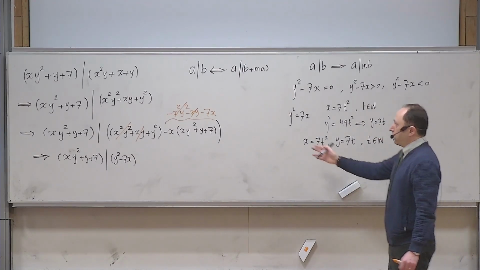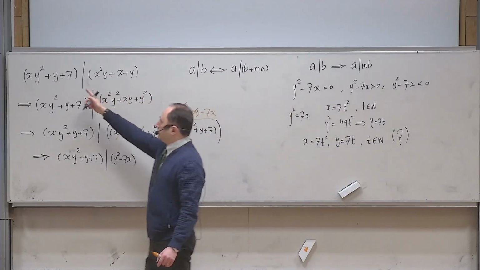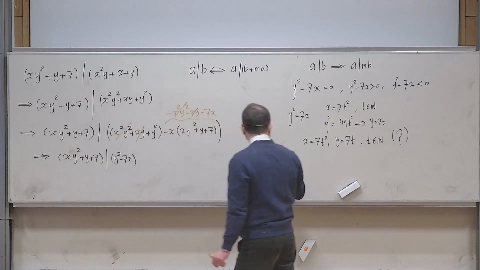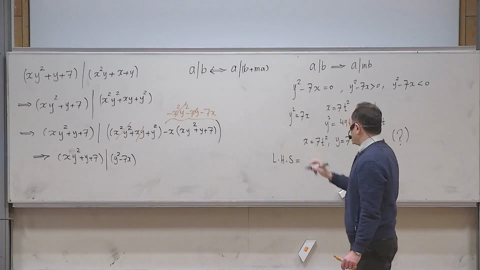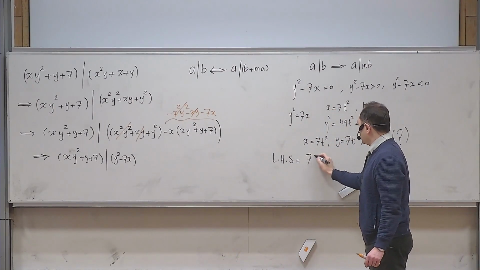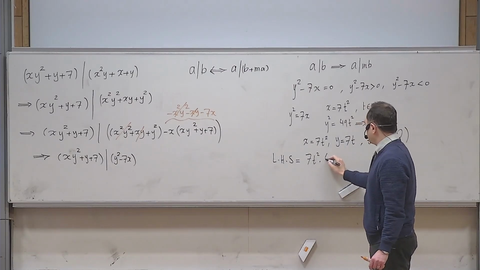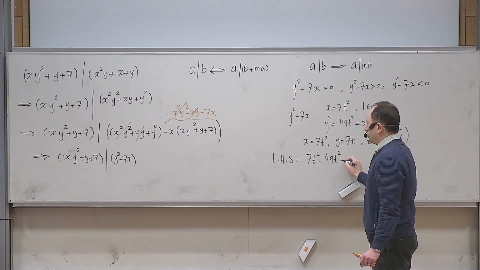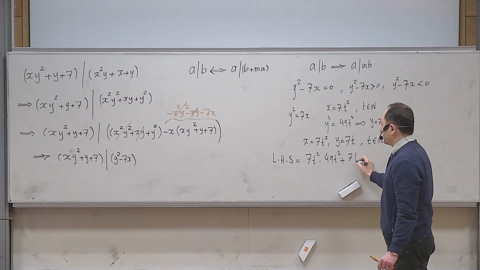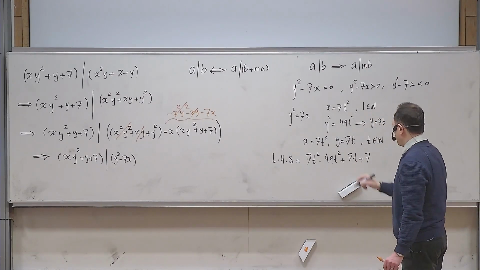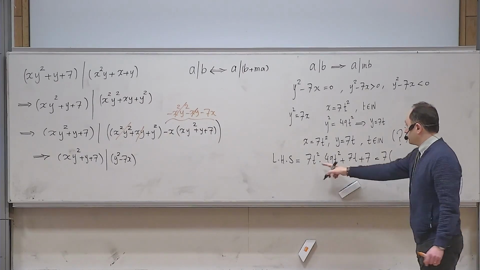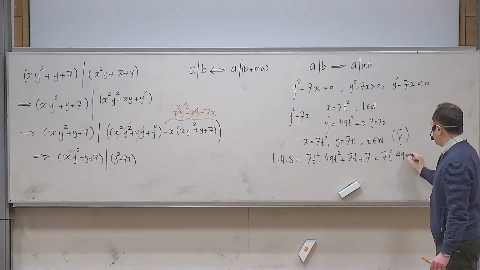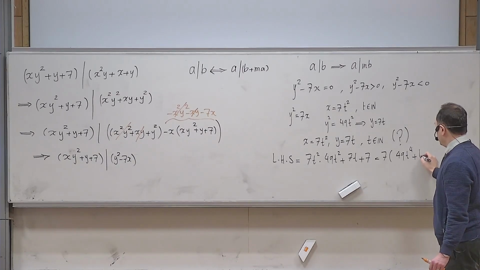I have to go back and put it into the original relation. The left-hand side becomes what? x times y squared plus y plus 7. This is my left-hand side. If you don't mind, let me factor 7 out. So this becomes 7 times (49t to the power of 4 plus t plus 1).